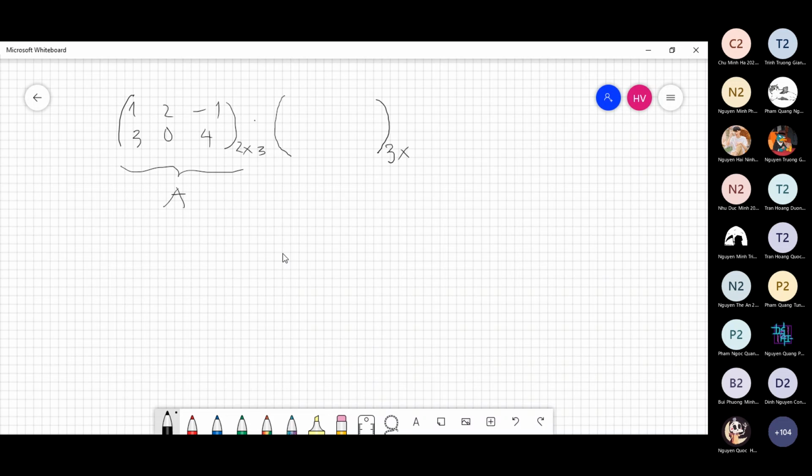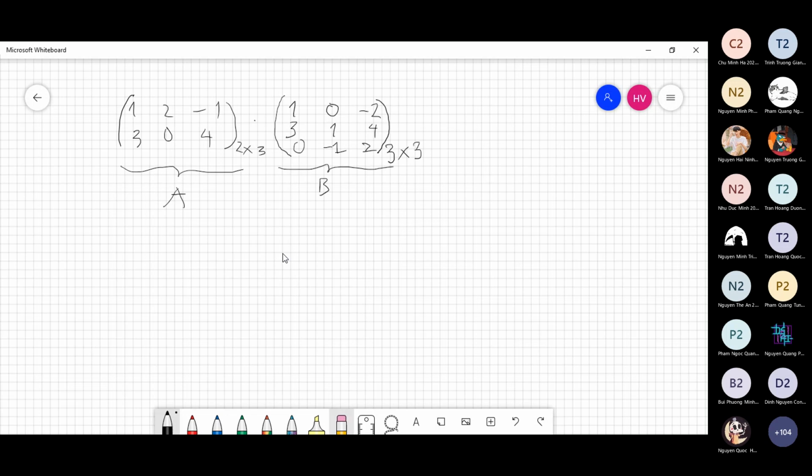So 3 times, say, any number you like, but let me put 3, so we'll write 1 0 minus 2 3 1 4 0 1 minus 1, for example. This is B.